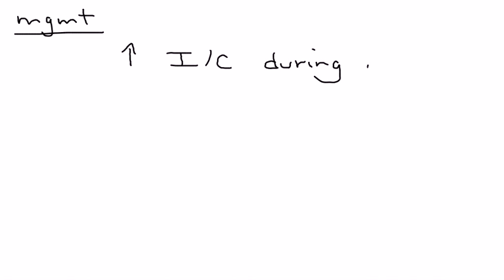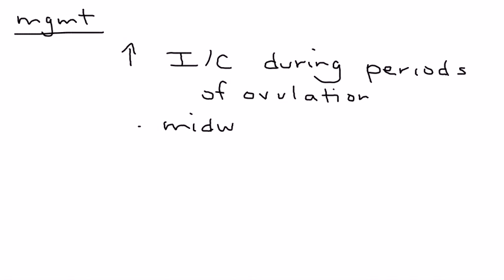Now, what is the management? In general, the first thing that you tell the couple is to increase the sexual intercourse during periods of ovulation. Now, how do you know when ovulation is occurring? Well, you can sort of just tell them to measure their cycle, and ovulation is most likely occurring in between the cycles.